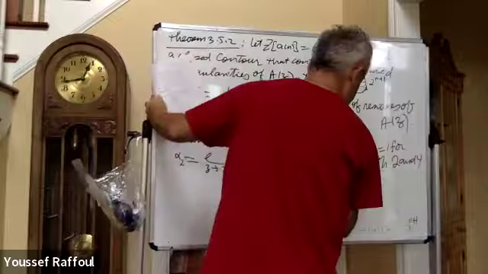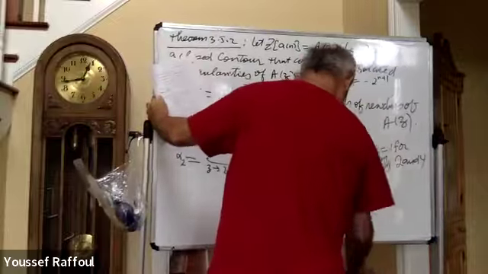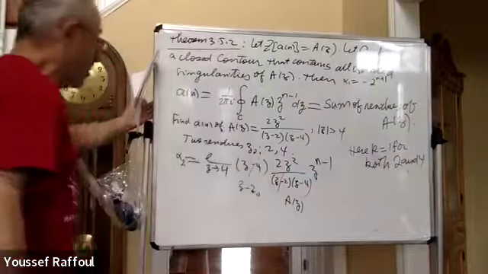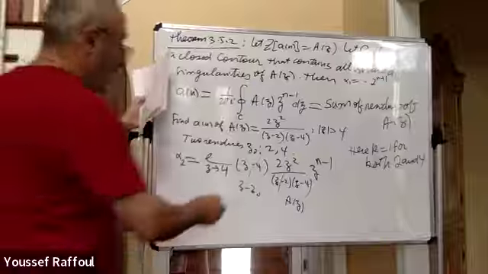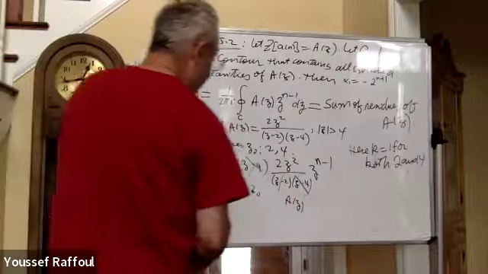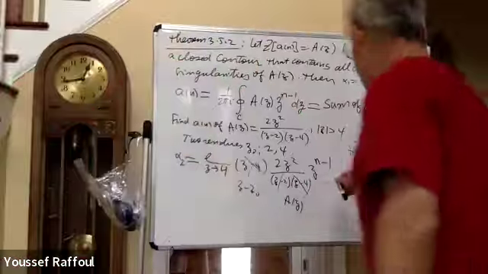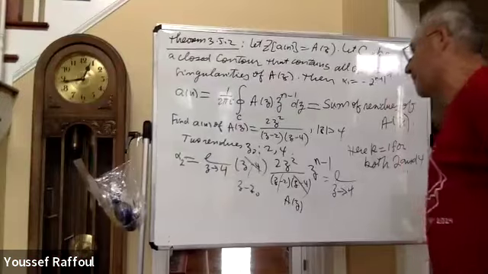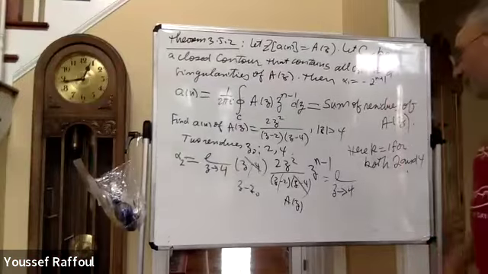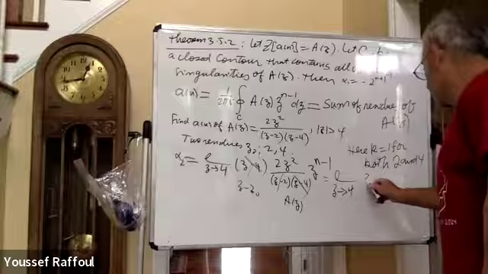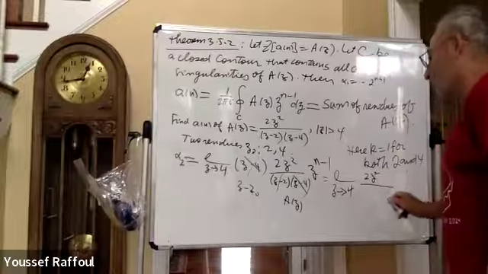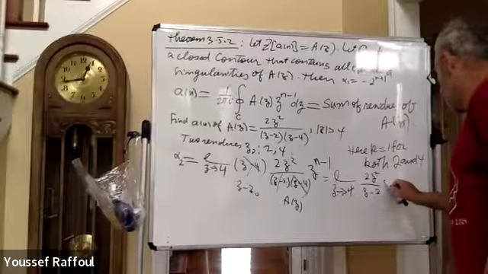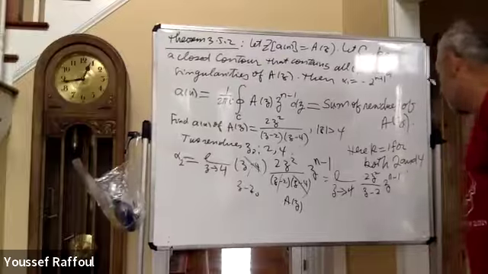And now as the limit approaches 4, this one over this one will cancel, and you are left with the limit as z approaches 4 of 2z squared over z minus 2 times z^(n-1).